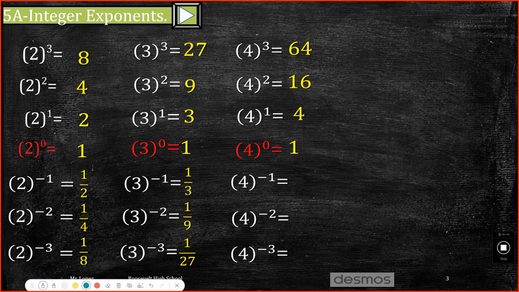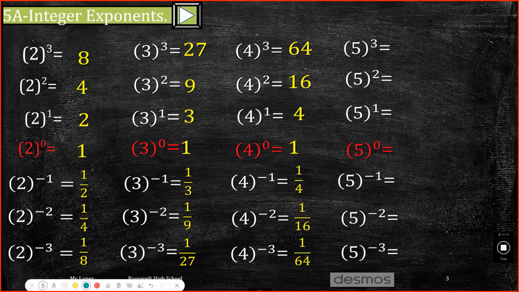Lorena, 4 to the negative 1? 1/4. Yep. Brianna, 4 to the negative 2? 1/16. 4 to the negative 3? 1/64.